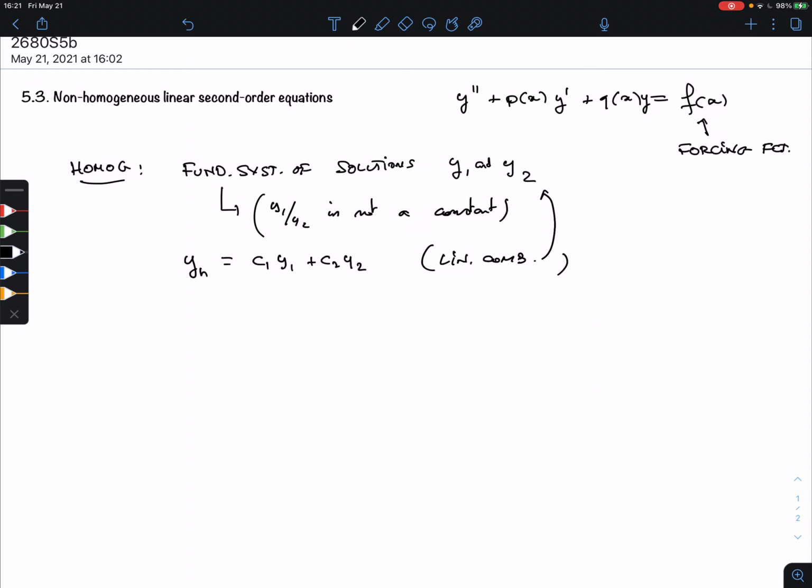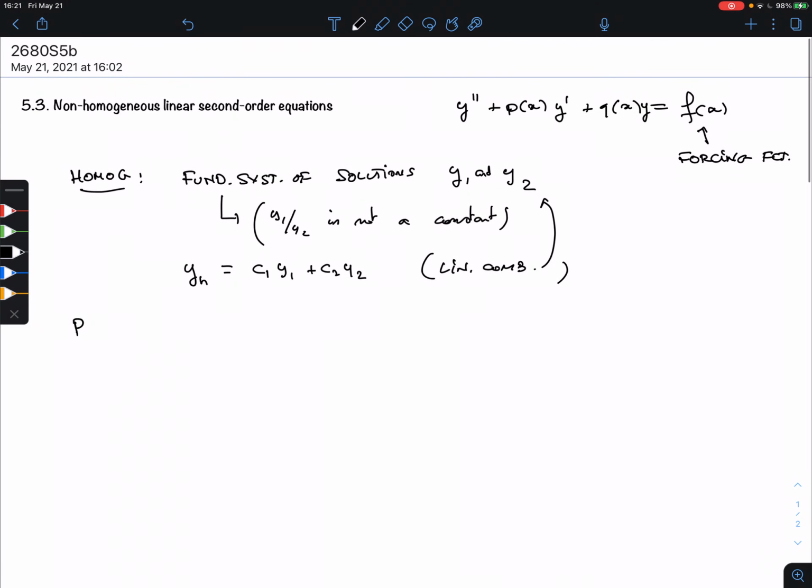So this is the homogeneous solution. Now we're going to apply this to the complementary homogeneous equation. We have seen this notion for first order, right? In first order you just take away the forcing function, you make that equal to 0, and that's exactly what we do here.